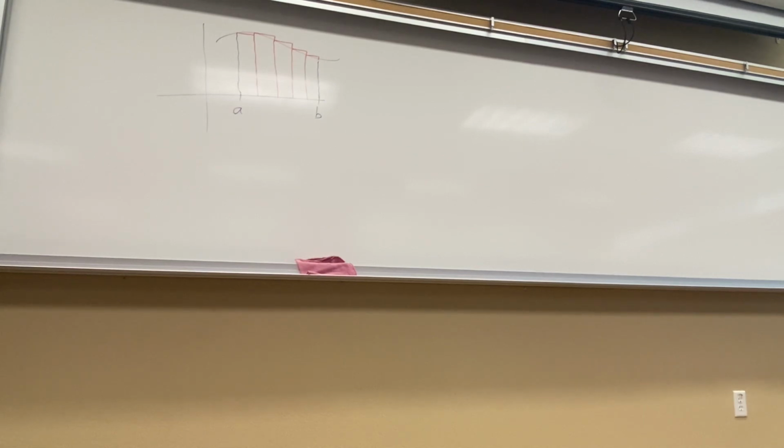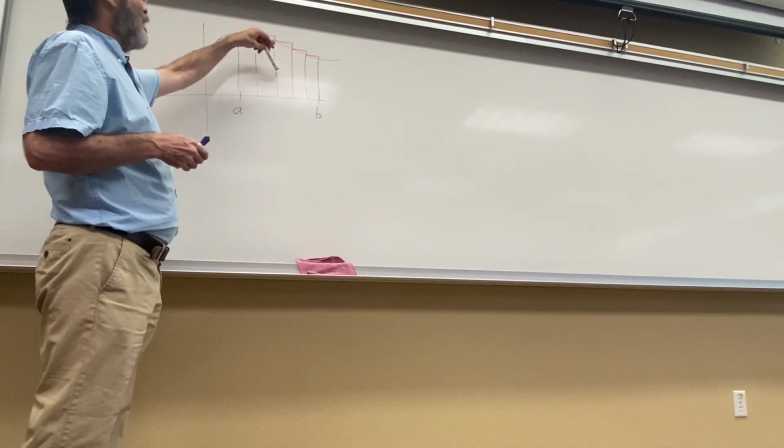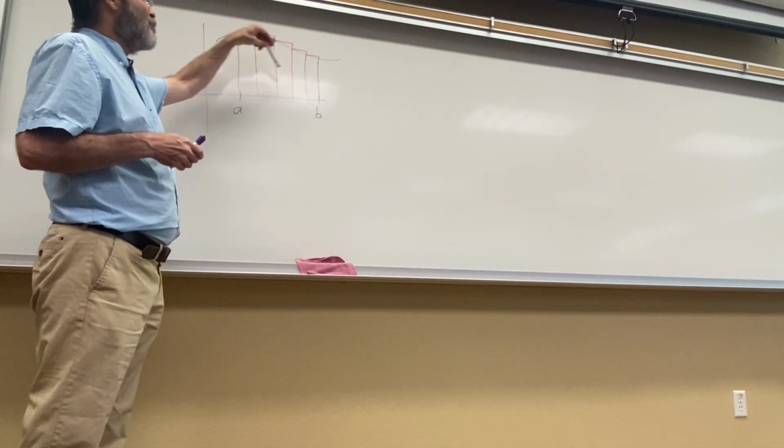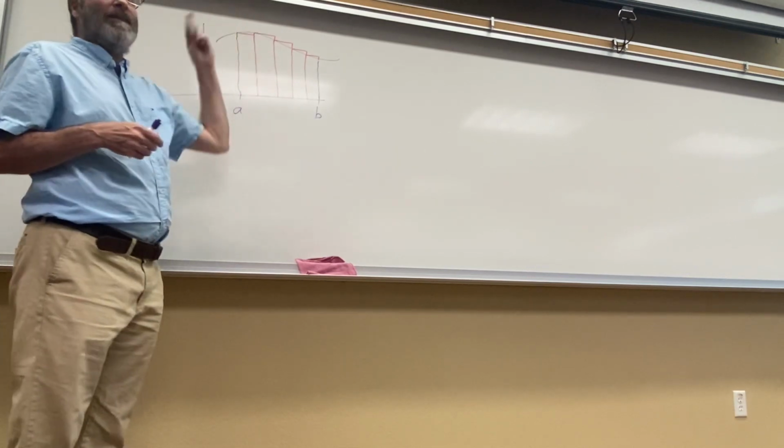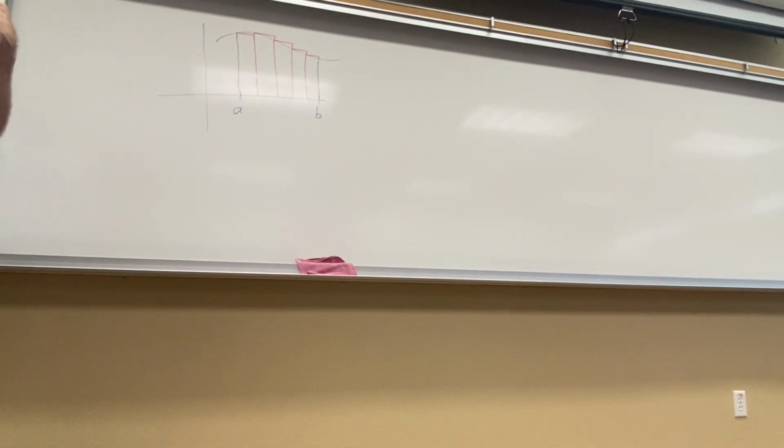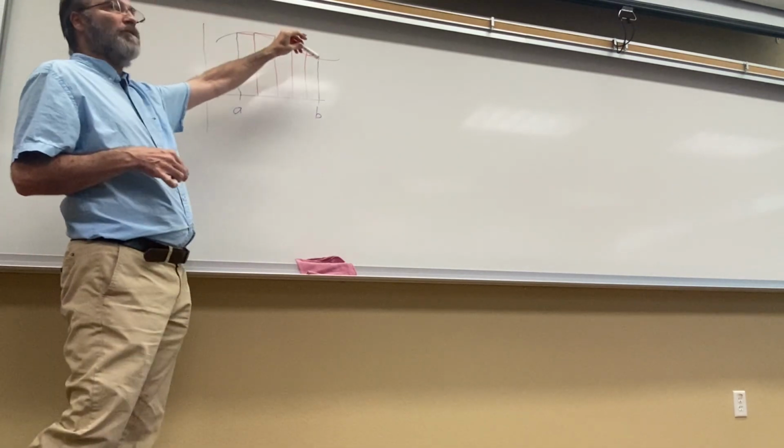So what I'm going to do here is I'm going to find the area of the red rectangles there. Is that going to be exactly the area underneath the curve? No. Will it be close? Yeah, it'll be pretty close. The rectangles stay pretty close to the curve.